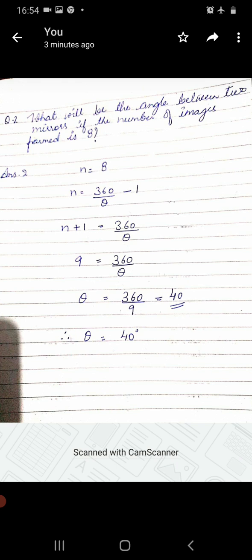And when we cross multiply 9 and theta, we get theta is equal to 360 by 9, which is 40 degrees. So this is how we get the angle between two mirrors as 40 degrees, which will form 8 images. So this was all about multiple images, children.